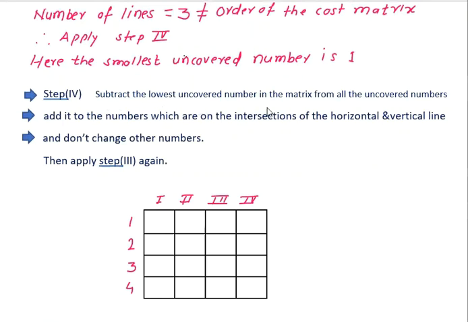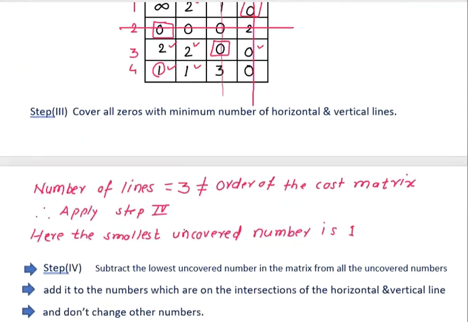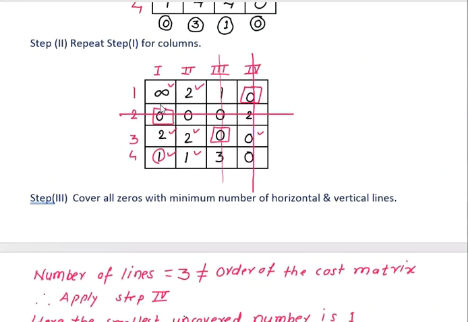Subtract the lowest uncovered number in the matrix from all the uncovered numbers. Add the same number to the numbers which are on the intersections of horizontal and vertical lines, and do not change other numbers. So let us perform this step number 4. What are the elements in the first column? First number is infinity.